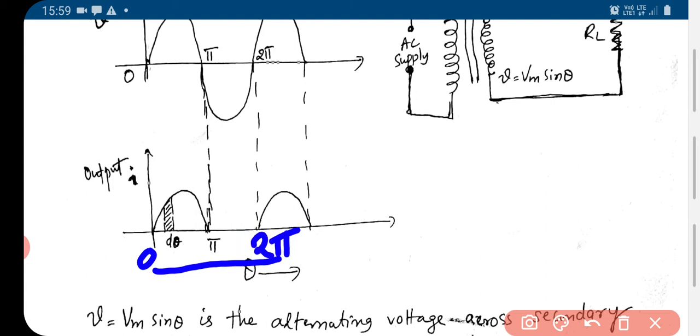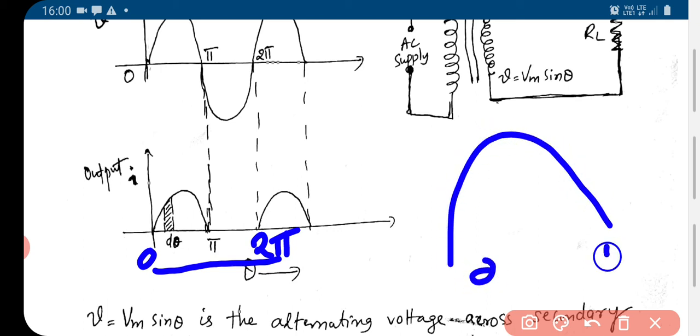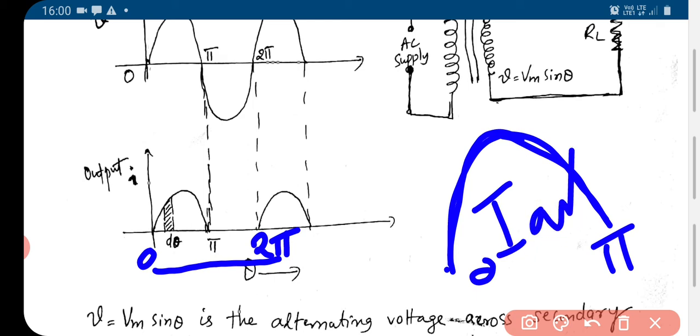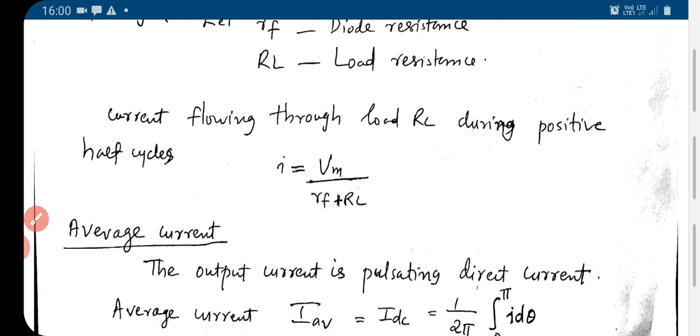And in the interval 0 to pi, the current is not steady, not a fixed current. It is varying like this. Its magnitude increases, then decreases to 0. So what we need is the average current. That is what we look for.